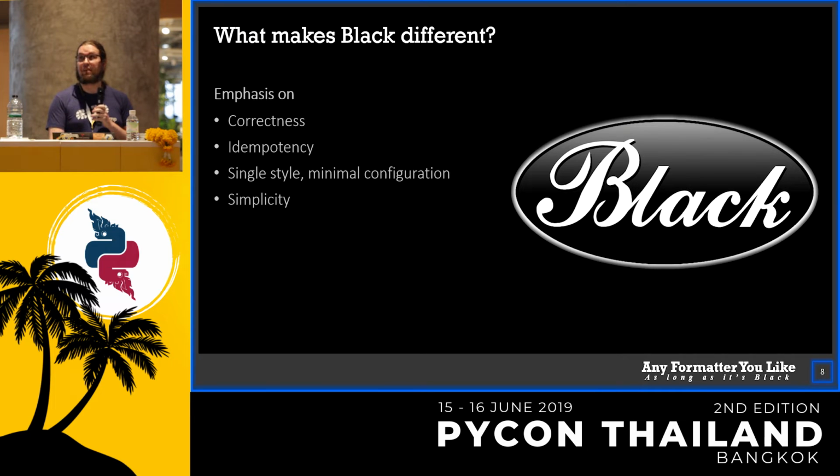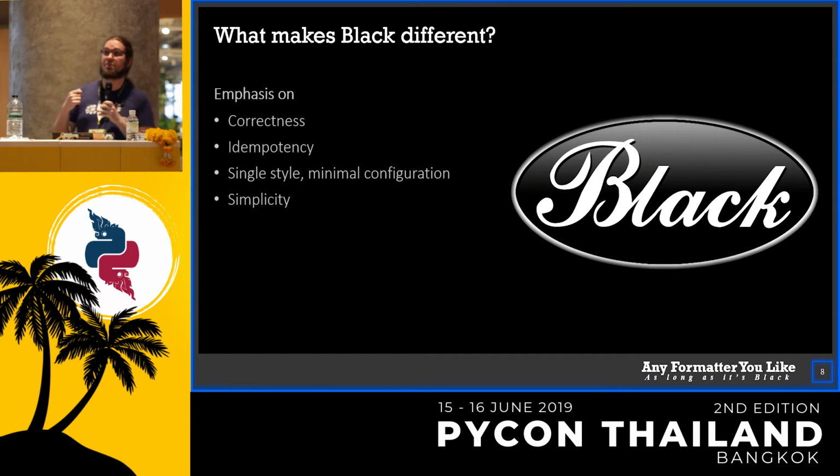And the last thing Black focuses on is simplicity. Again, this is something that's very useful when you're writing the tool itself, because the idea is there are a bunch of relatively simple rules that take the syntax tree and generate code from it. But again, for people who are using Black, this is important because if you see an output, it's very easy to understand why Black chose that particular output if you know the principles behind Black, which I'll show later on.